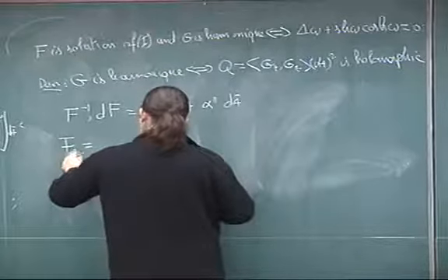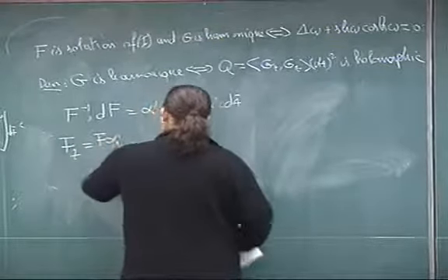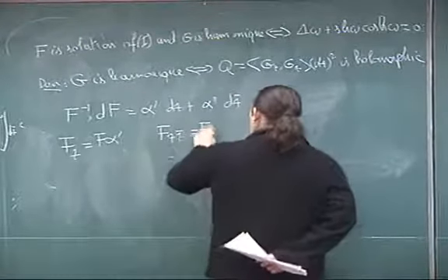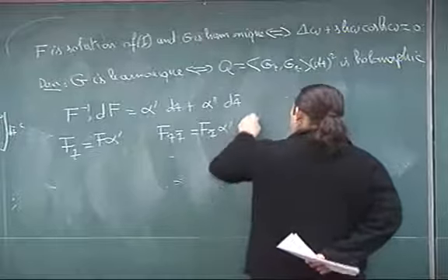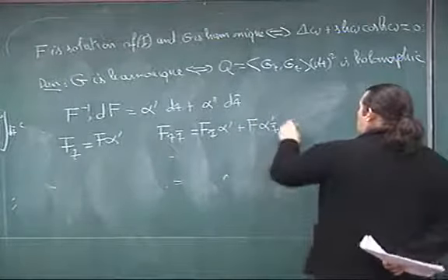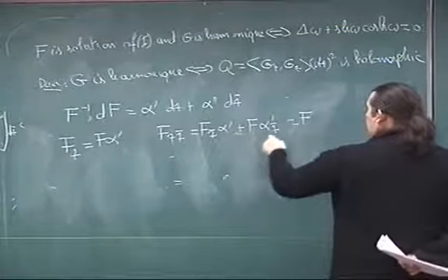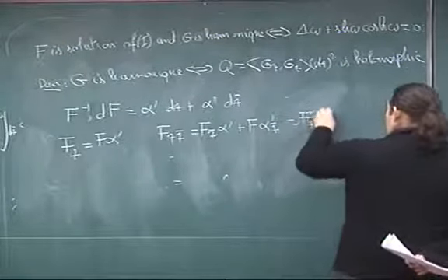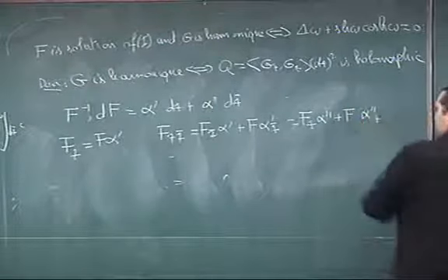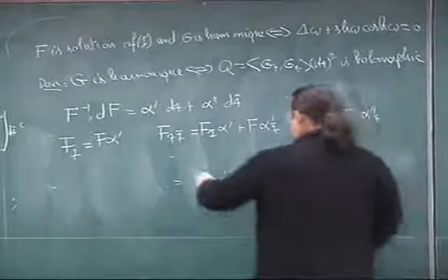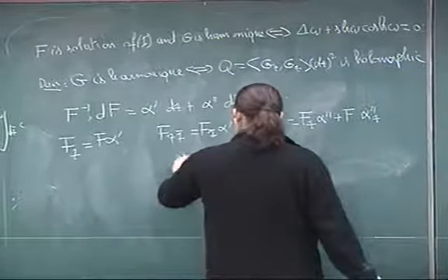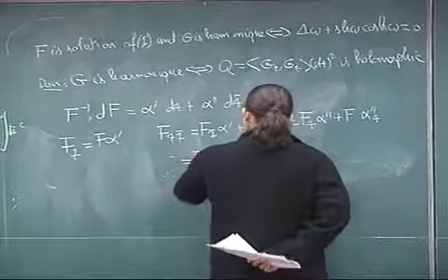Then we have f alpha prime, f zz bar is fz bar alpha prime plus f alpha prime z bar, which is f z alpha seconde plus f alpha seconde z. Then we have that the compatibility condition is f alpha seconde alpha prime.